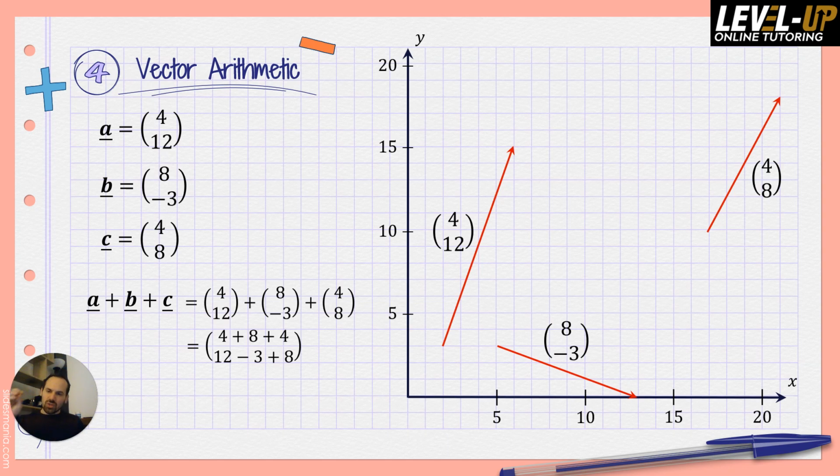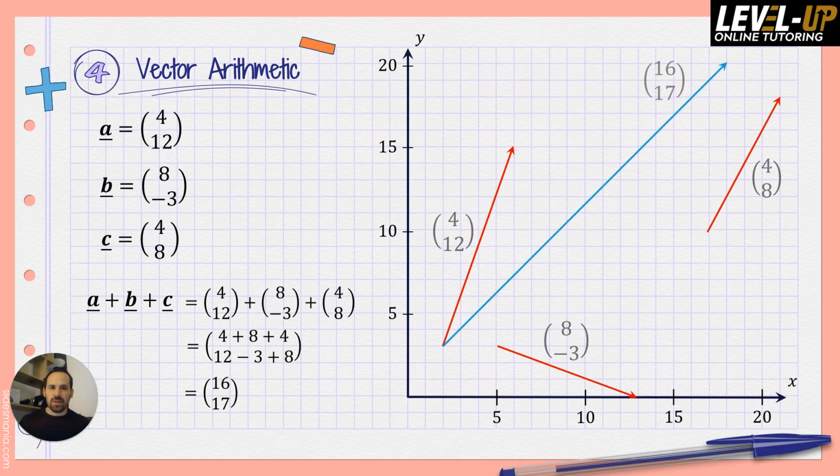The top represents how much we're moving in the x direction. So if we move across 4, and then across 8, and then across another 4, we're moving across 4 plus 8 plus 4. So we can just work out the net result there. In the y direction, we're going up 12, down 3, and then up another 8. And we can work out the net result by combining those. And so we get 16, 17.